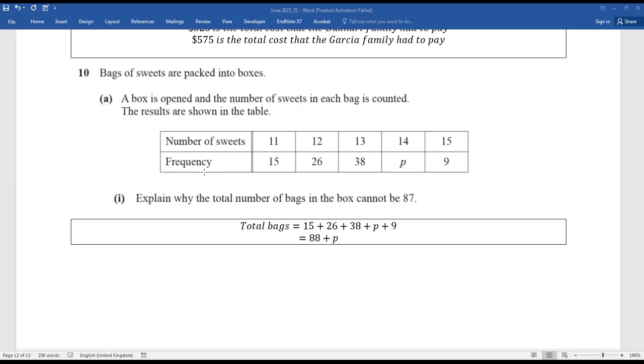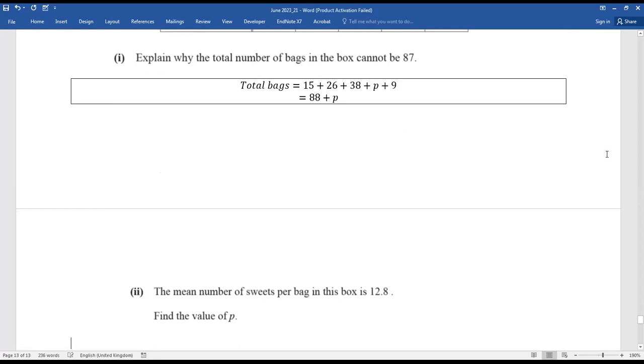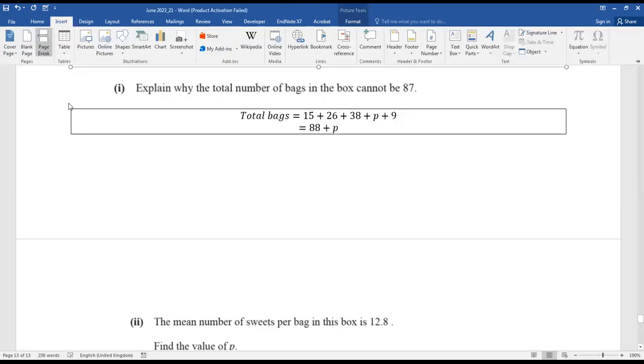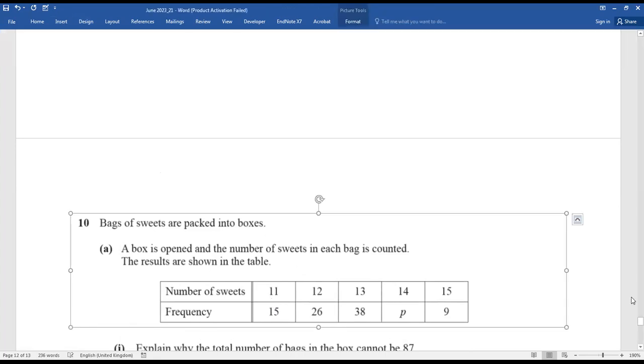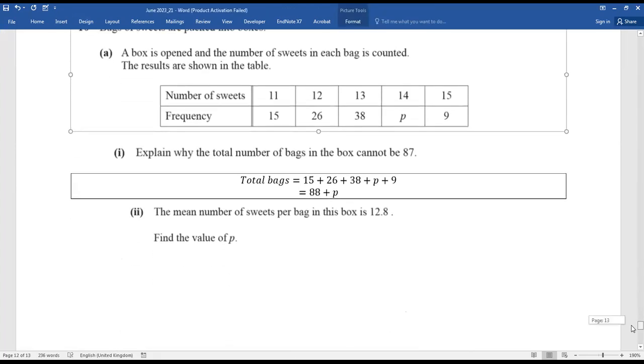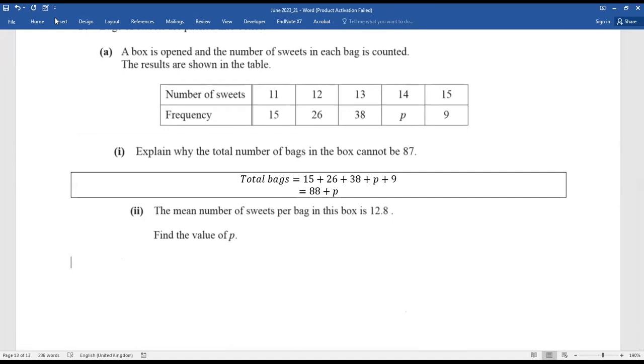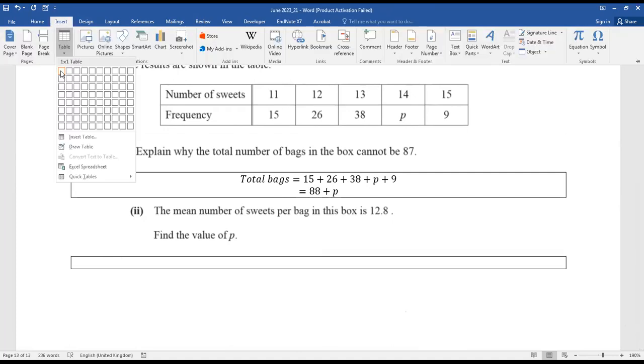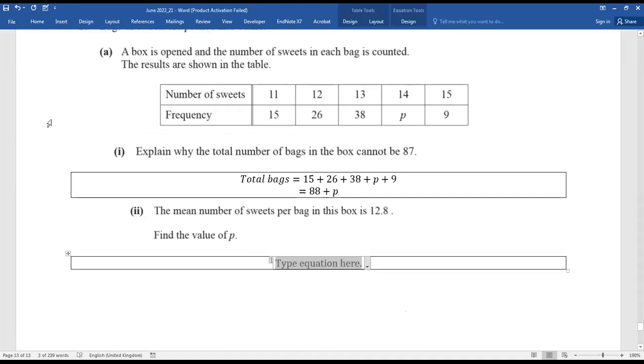Okay, now the question has provided us with the mean. How do we find the mean? Mean is the sum of all data divided by the total number of readings.